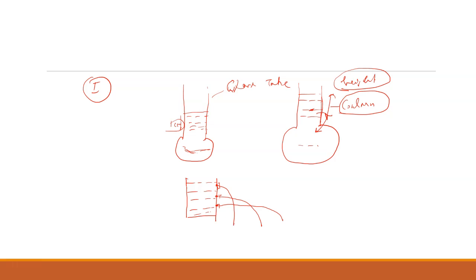The lower the hole, the more the depth, so there is more pressure at this point, and therefore the water will go farther away from the water coming out of the higher hole. So again it proves that water pressure depends upon the height of the column.